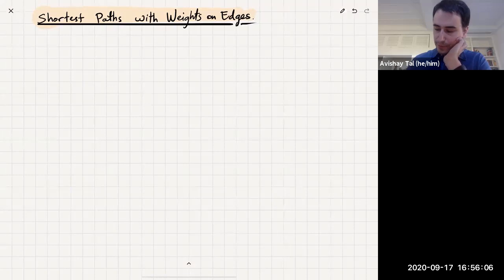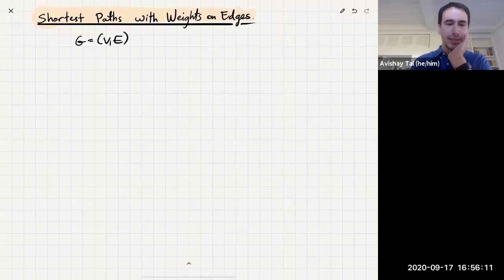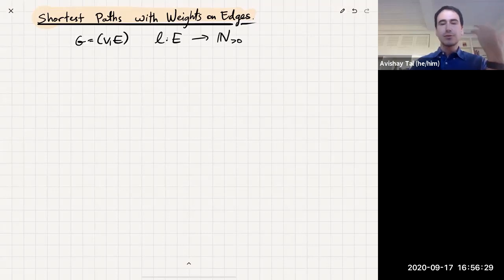So we have a graph composed of vertices and edges. And in addition, we have a length function that gives for every edge in E a length, which is a number. We'll start with non-negative numbers, or actually positive numbers. And for simplicity, let's assume that they are also integers. What we're going to say would work just as well for real numbers, but just for simplicity, let's assume integers, so that we would not need to talk about precision issues.